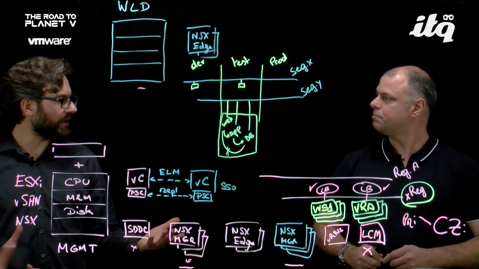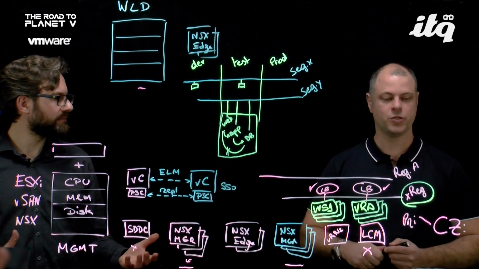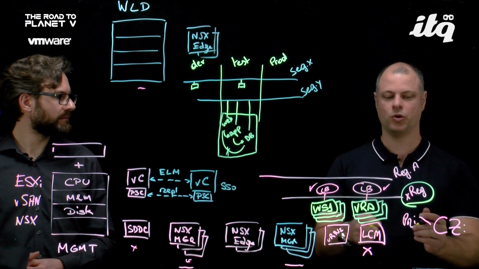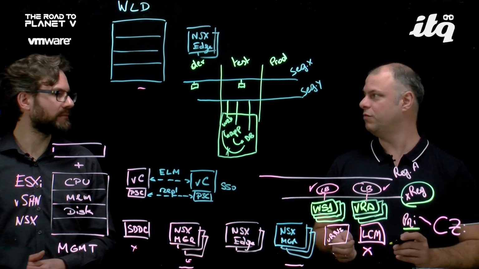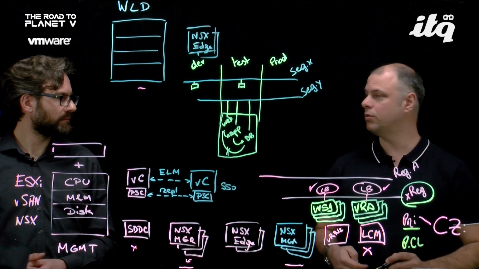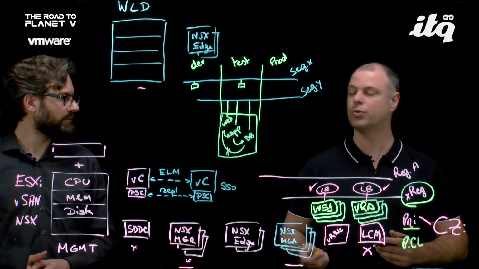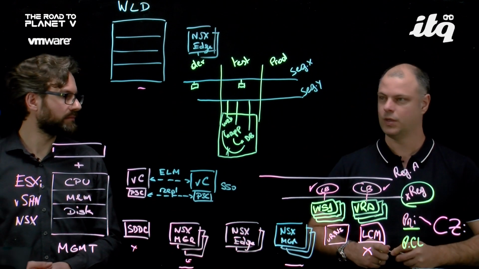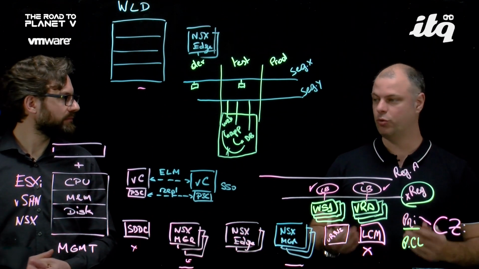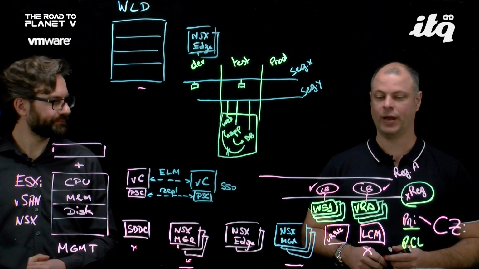But is it the only target that we could have? No. vRealize Automation is fully multi-cloud. I'm talking about a private cloud within VCF, but I can also use public clouds, for example AWS, Azure, or Google Cloud. Okay, nice. That's why it's hybrid, multi-cloud aware, and ready for the future.